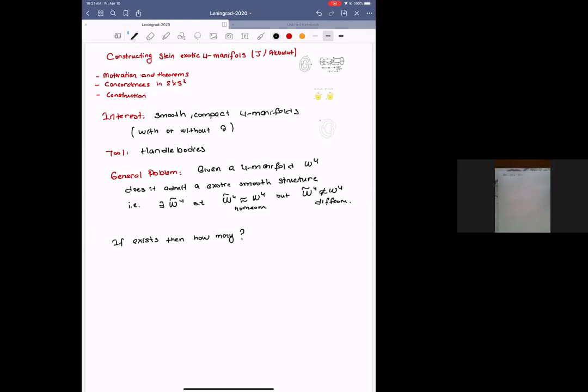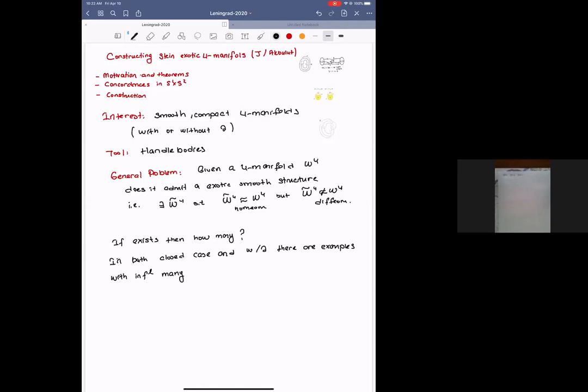In both the closed case and the with-boundary case, there are examples with infinitely many. Is it countably many, or may it even be uncountable?